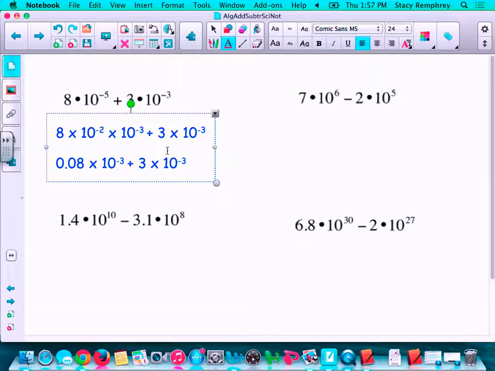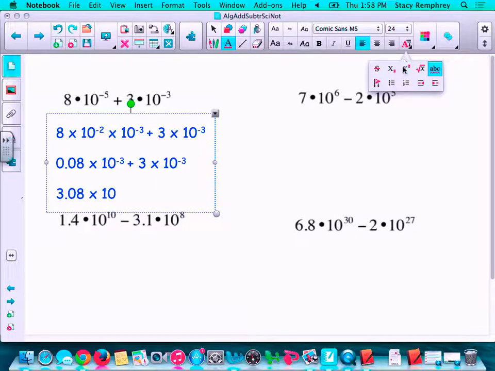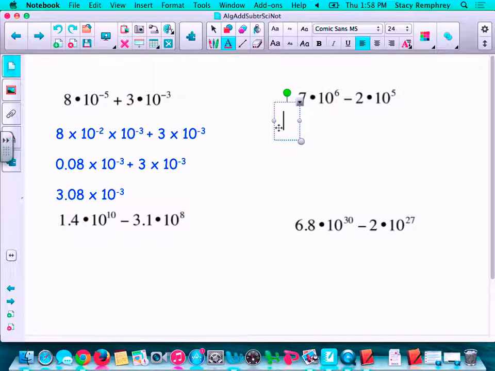It's the same thing. Now I'm going to add the 3 and the 0.08, and keep the power of 10. That power of 10 is not changing, so 10 to the negative third. Again, you can try these now and check back later.